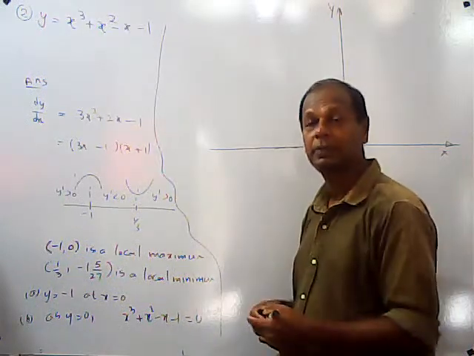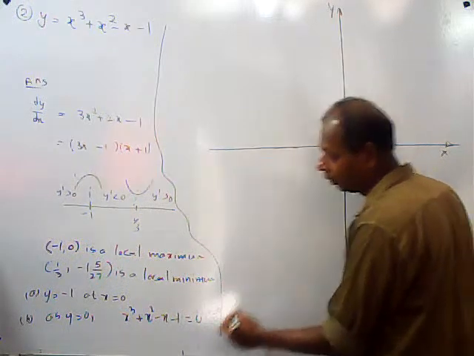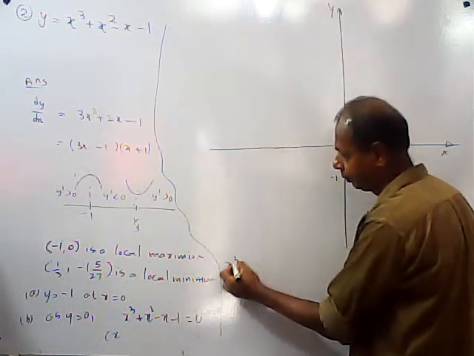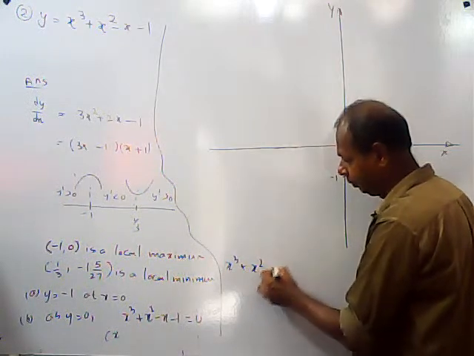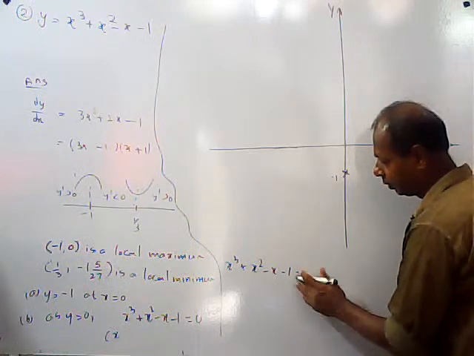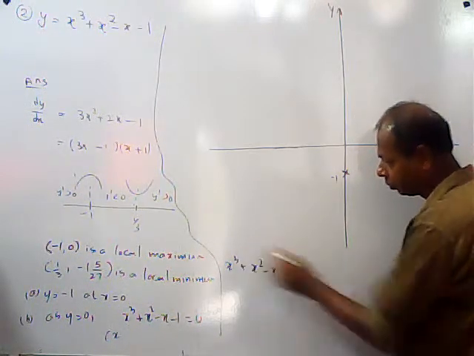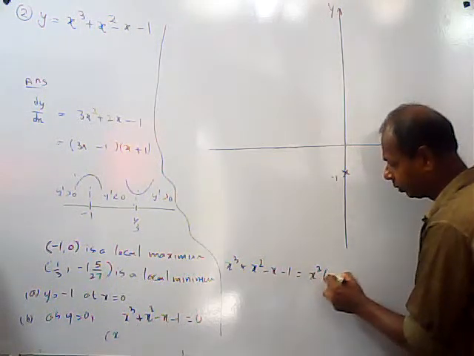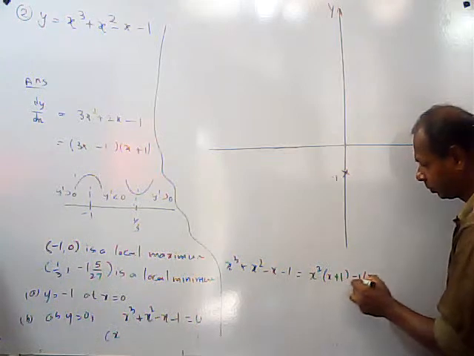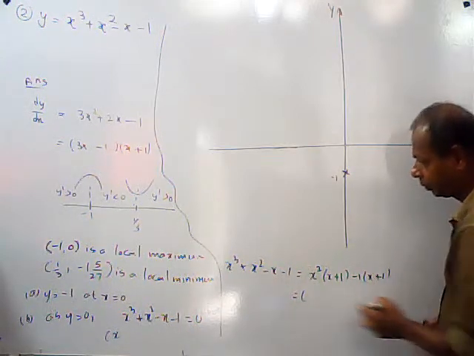Use the things we learn in polynomials. You take x minus 1 out. You can take x squared out. That gives x minus 1. From these minus 1 out, x plus 1.